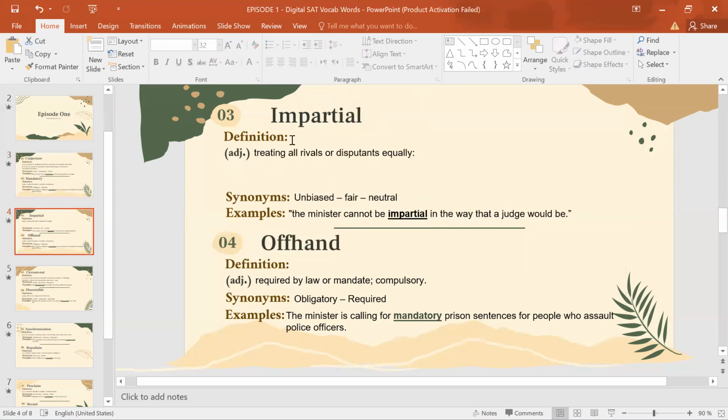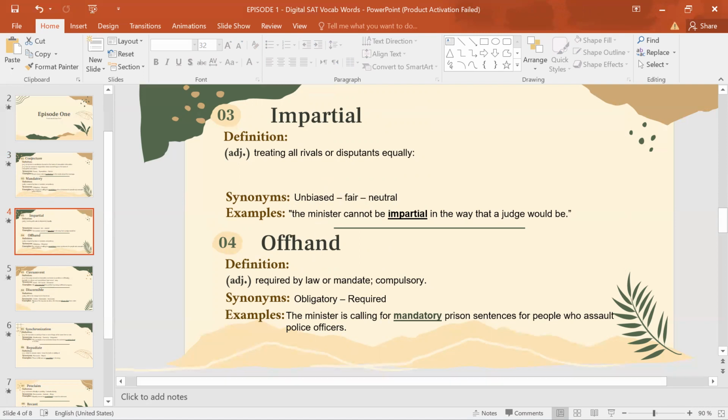Also, you will find here impartial. Impartial was one of the words in the exercise I sent to you today on the WhatsApp groups for you to answer. So impartial is an important SAT word, which means unbiased or fair or neutral.